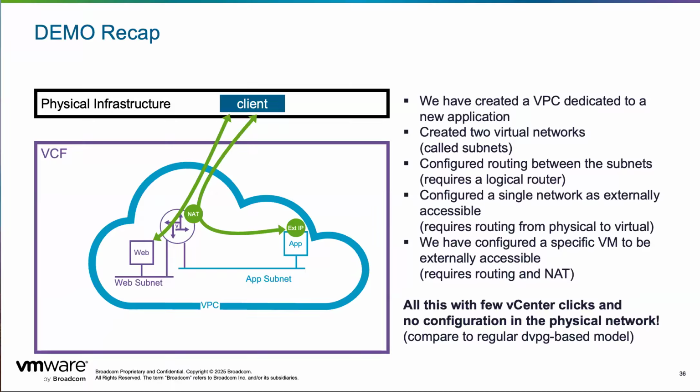The point I'm making here is that we've done that by just clicking in the vCenter UI and without ever having to use any kind of advanced networking construct. And what I would like you to think about is what it would have meant to do this with a traditional VLAN MAC network.